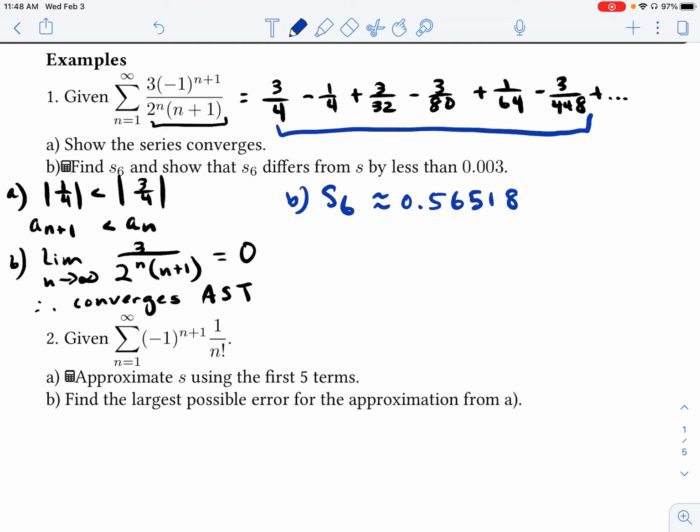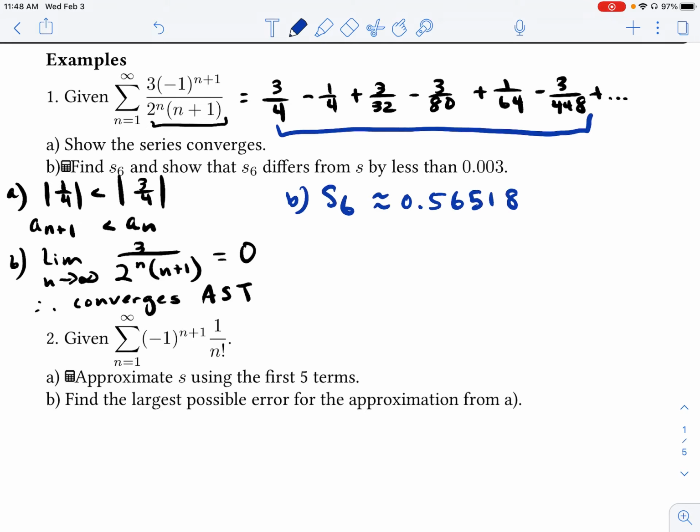Now, the next part of this is to show that this partial sum, which is approximating our actual sum, differs from the actual sum by less than 0.003. Well, how do we do that?